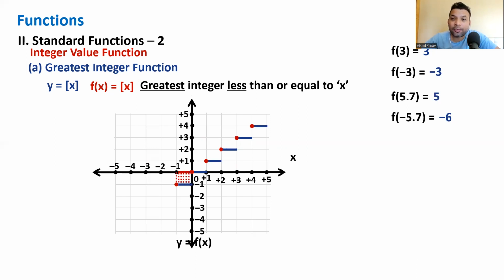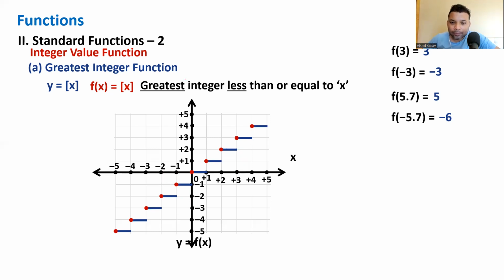And if x is, suppose, negative, minus 1 or minus 0.1, the first integer to the left, so the output will be minus 1. It will remain minus 1 till x is minus 1. Okay. So on the left side also, it will proceed like this.